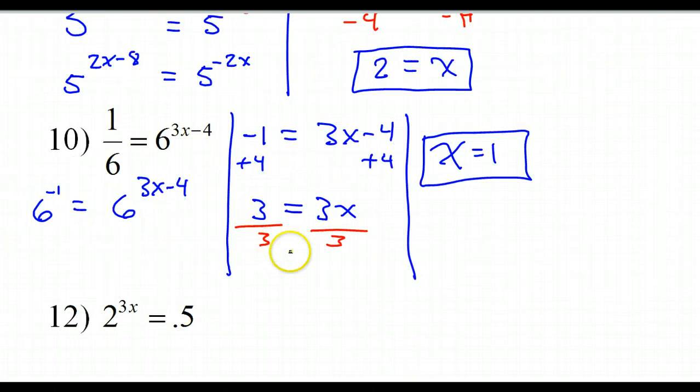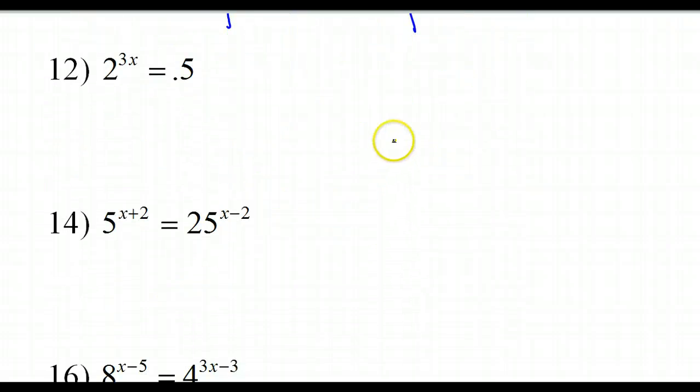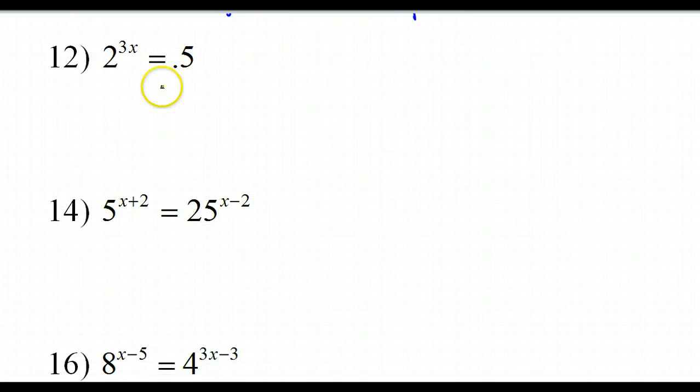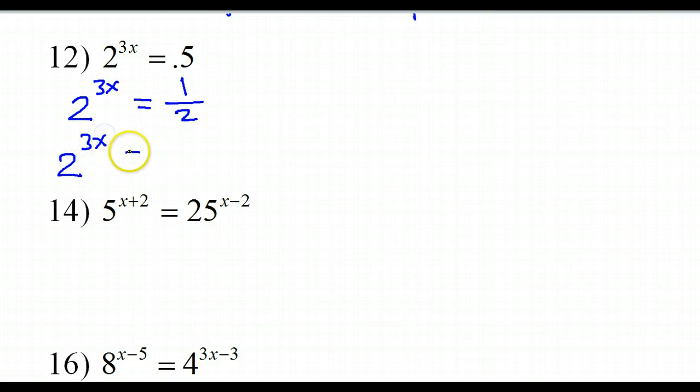Back to solving equations. Hopefully you do not need a calculator to know that 0.5 is the same thing as 1/2. But if you need a calculator, hey, do it. So 0.5 is 1/2. So looking at it that way, you see the base 2 happening. So I have 2 to the 3x power equals 2 to the negative 1 power.